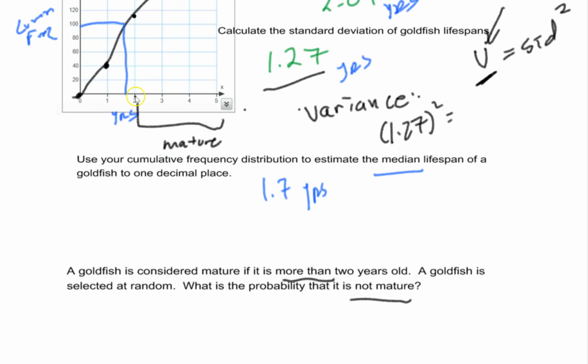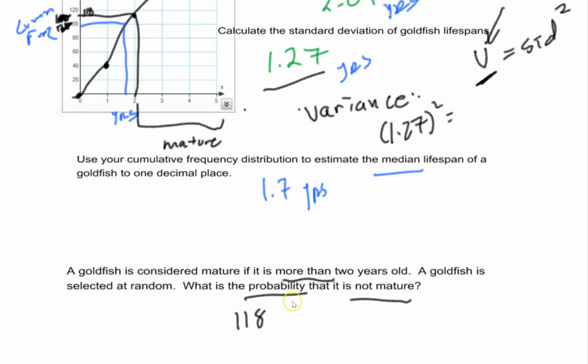So when I go up and across, let's say that's 118. That value is all the values from 0 to 118. So about 118 of them are not mature.